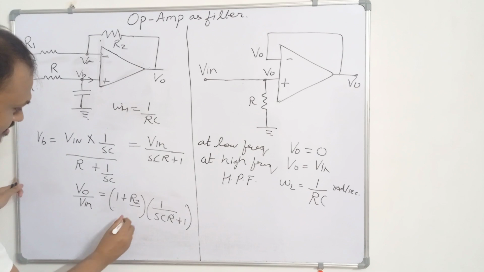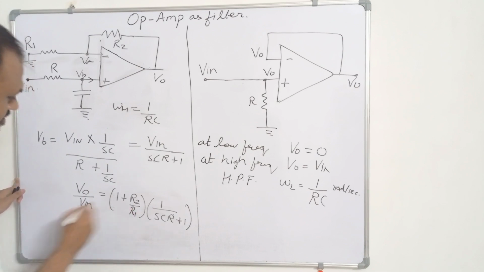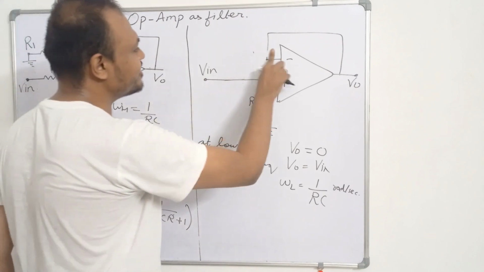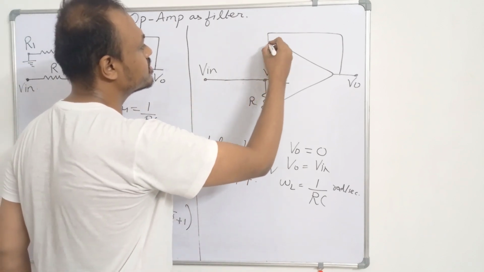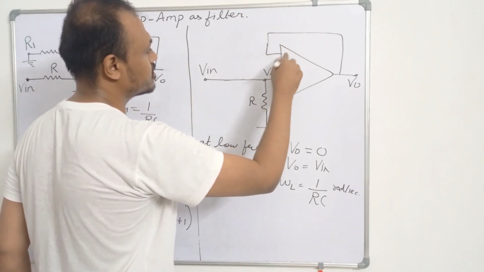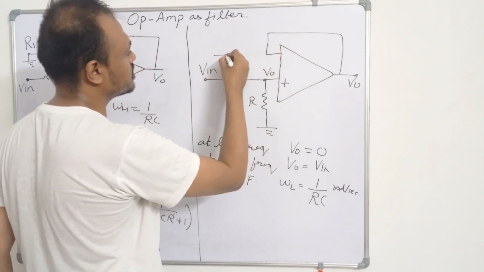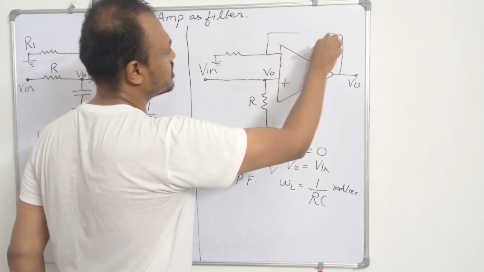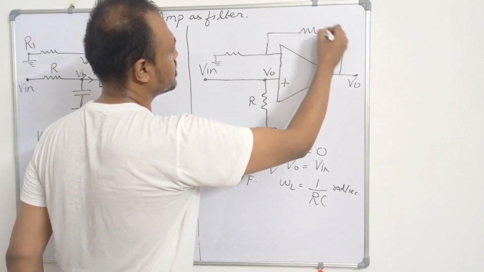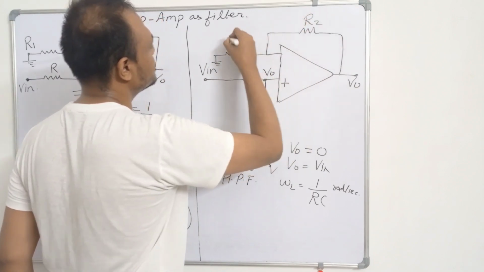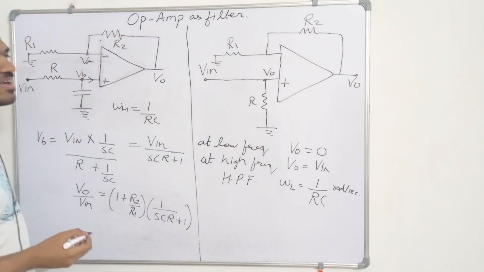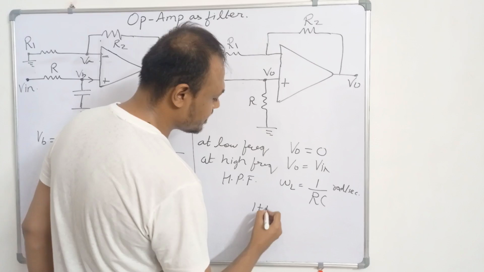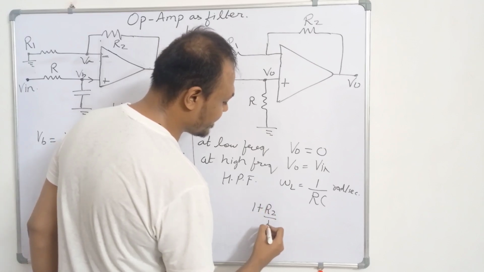This is R1. Similarly, if in this figure we add two resistances, this is R2, this is R1, again the DC gain will be equal to 1 plus R2 upon R1.